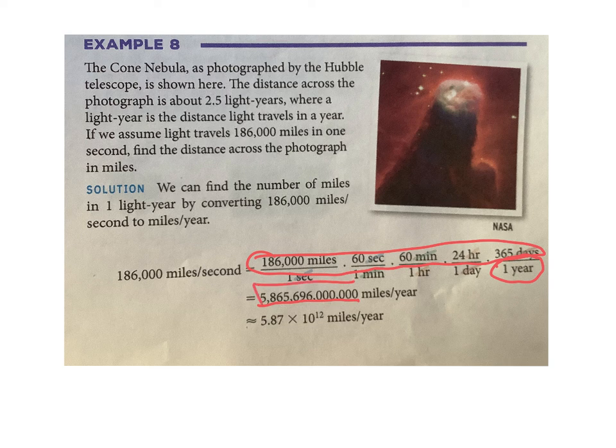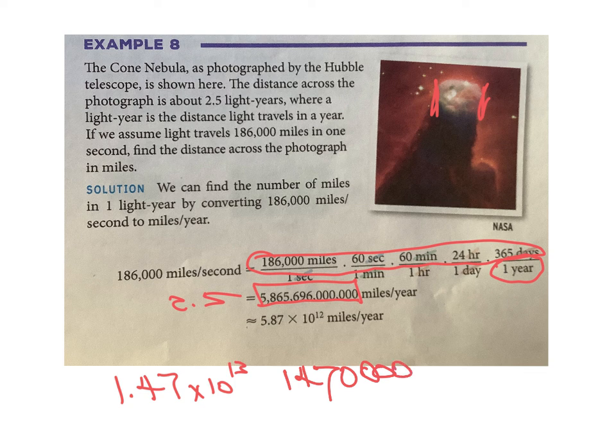So then we take this and multiply it by 2.5, and that will tell us how far it is from here to here. And in this case, it is 1.47 times 10 to the 13, or basically 14,700,000,000,000 miles.